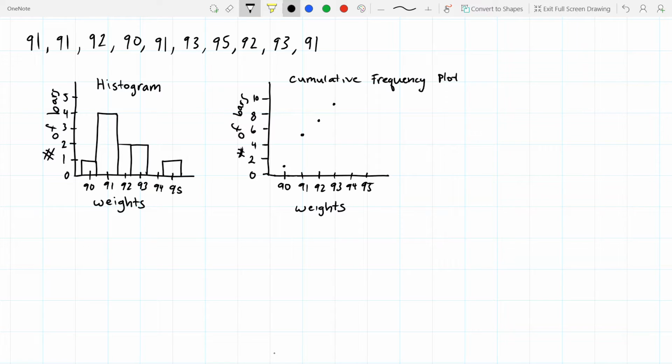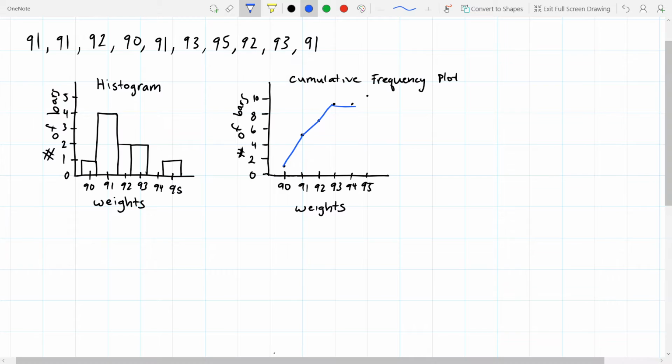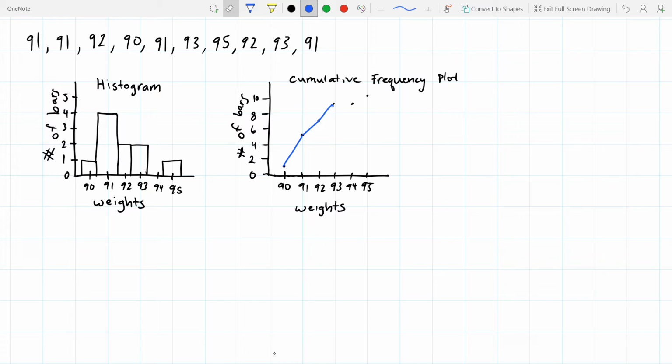At 94, we don't have any additional bars, so we stay at 9, and then at 95, we have one additional bar, so we move up to 10 total bars. Okay, so let's connect those dots. Make sure those lines connect. And that is a cumulative frequency plot.